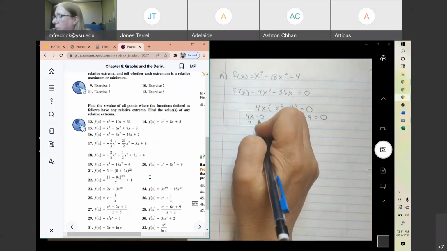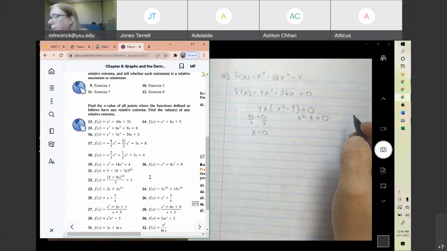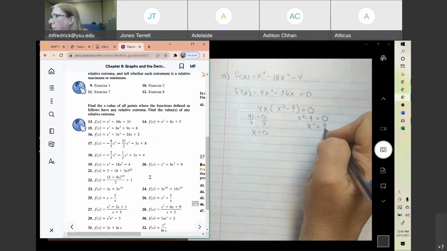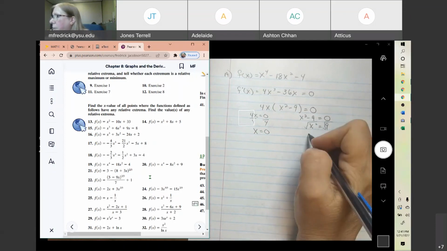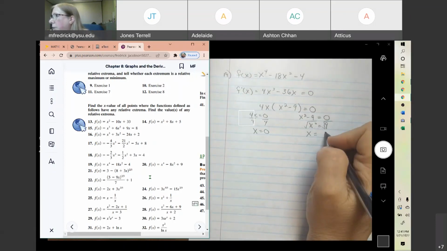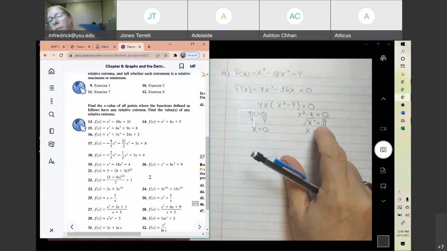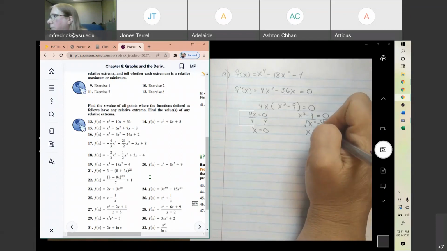Dividing by 4, we get 0. If we add the 9 over and then take the square root of both sides, we get x equals the square root of 9 is 3. But what you have to be careful of, anytime you take the square root of both sides, it leaves a plus and a minus.